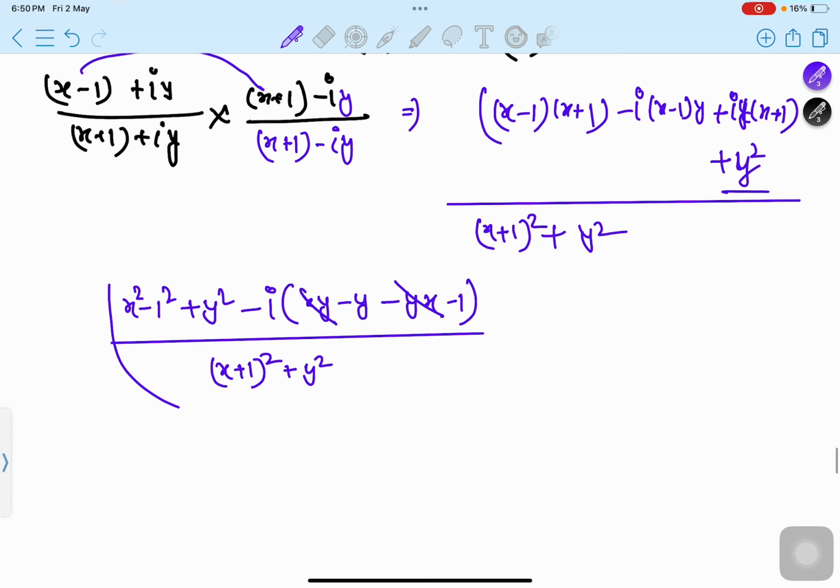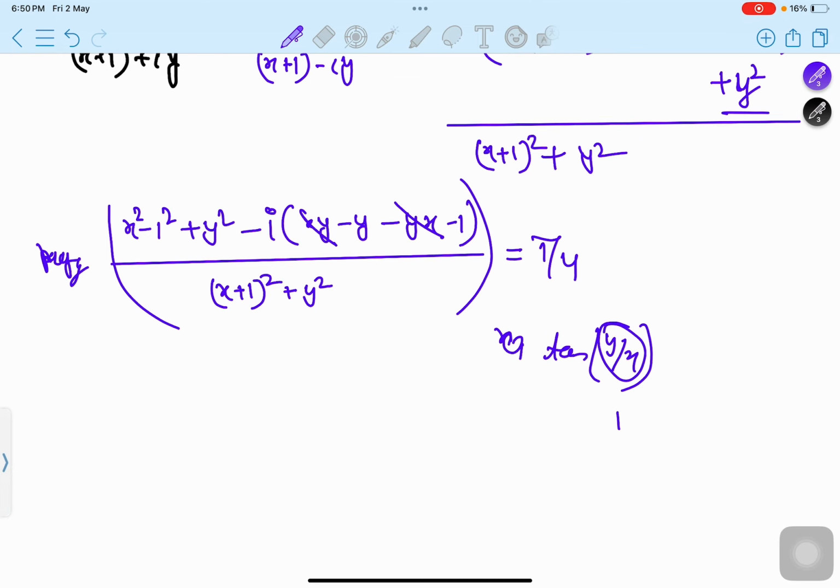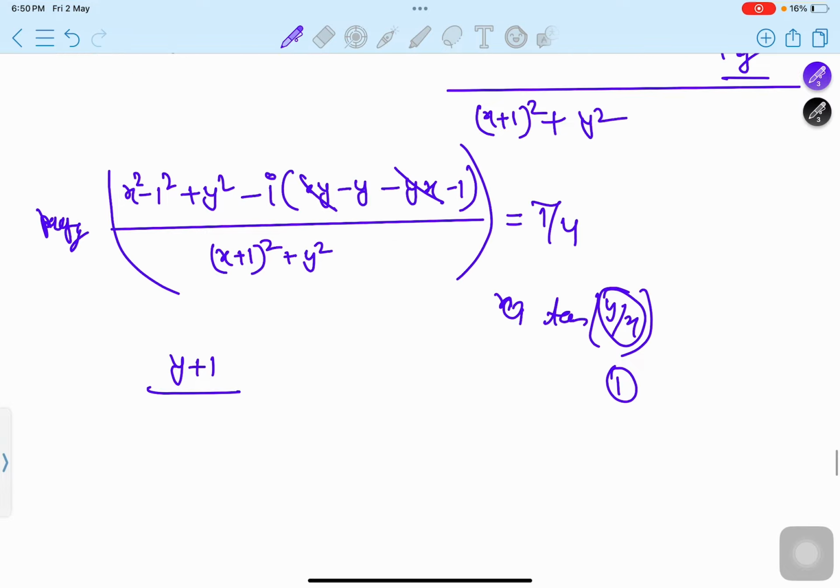Since the argument is pi by 4, tan theta equals y upon x, so y upon x equals 1, which is the pi by 4 condition. So the real part is y plus 1, and the imaginary part equals x square plus y square minus 1.